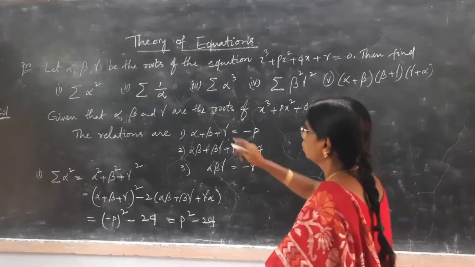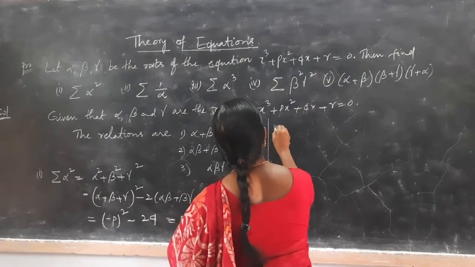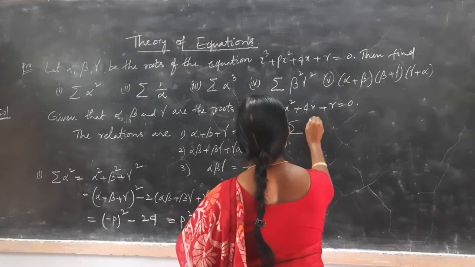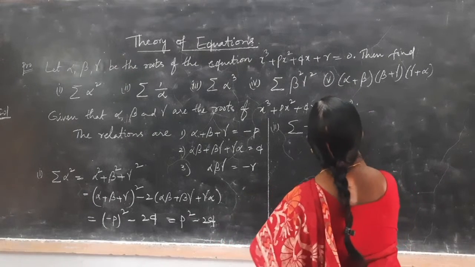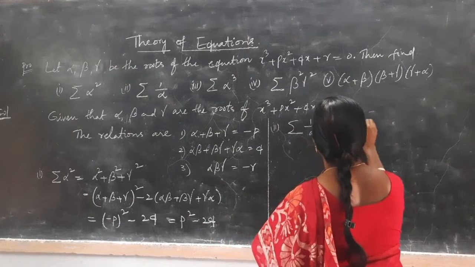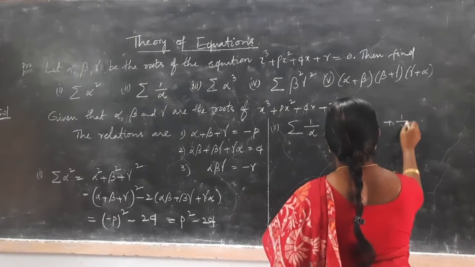Second bit. What is the second one? Sigma 1 by alpha. This is equal to 1 by alpha plus 1 by beta plus 1 by gamma.